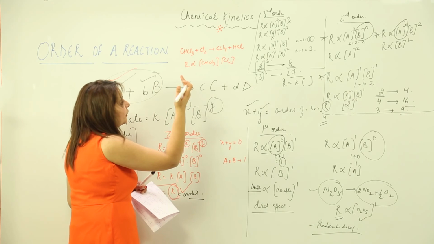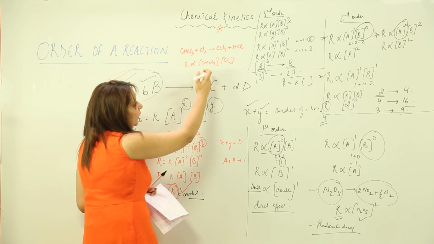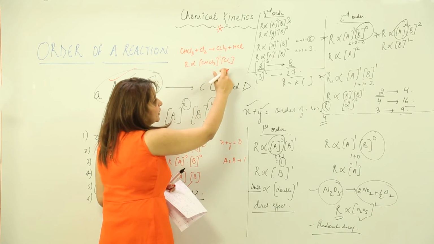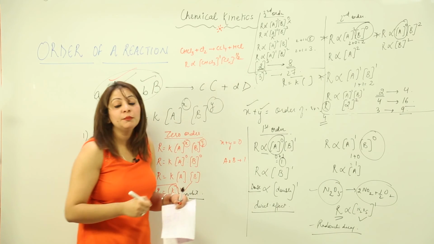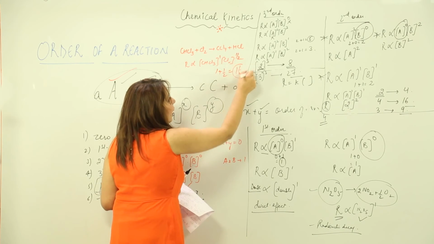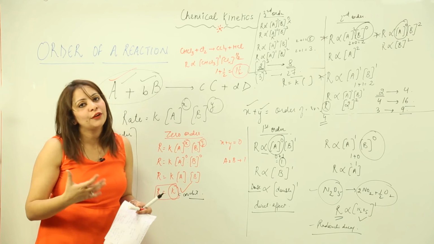So when we look by doing an experiment, the rate is directly proportional to their concentration. And you know what the power for CHCl3 is? It is 1, and for Cl2 it is half. So the order of reaction is going to be 1 plus half, that is 1.5. So that means it is proved that we can have fractional orders too.